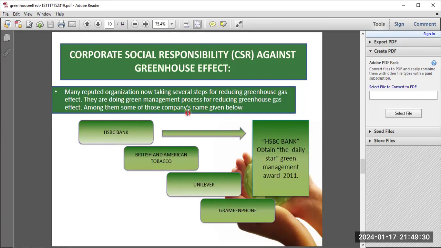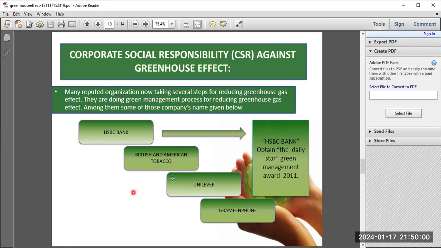Lots of agencies are working for the conservation of the environment, at individual levels and corporate levels. Here are some corporate agencies we have listed, which are doing activities related to conservation of the environment, specifically about the greenhouse effect.